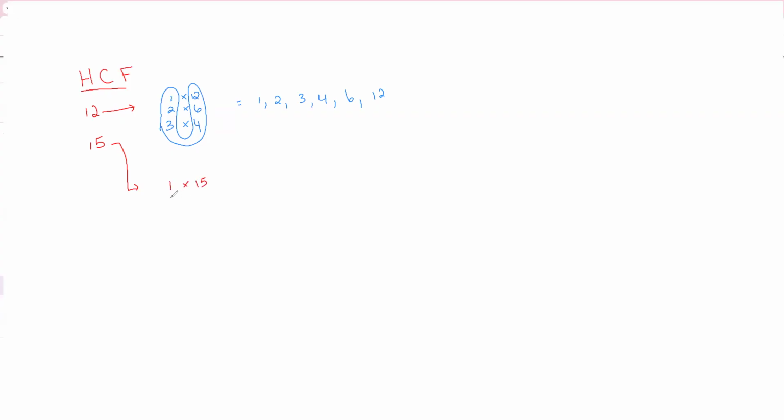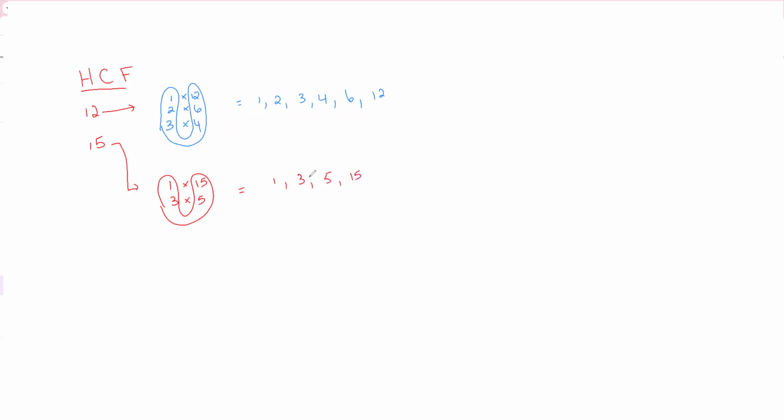We can also multiply 3 times 5. Now there's no new combination of numbers that we could multiply, so that is going to be all of our numbers there. So we have 1, 3, 5, and 15.